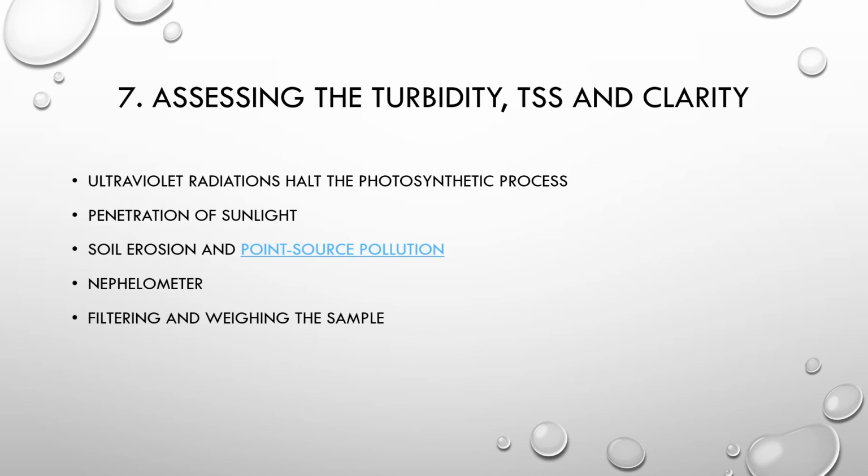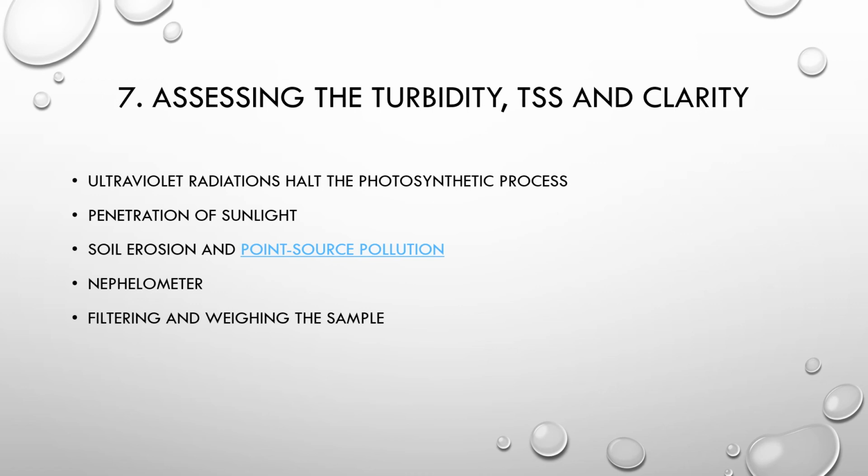Lastly, assessing the turbidity, TSS, and clarity. Low or high levels of ultraviolet radiation can halt the photosynthesis process. Suspended solids cause the water to be cloudy, impacting the penetration of sunlight into the water.